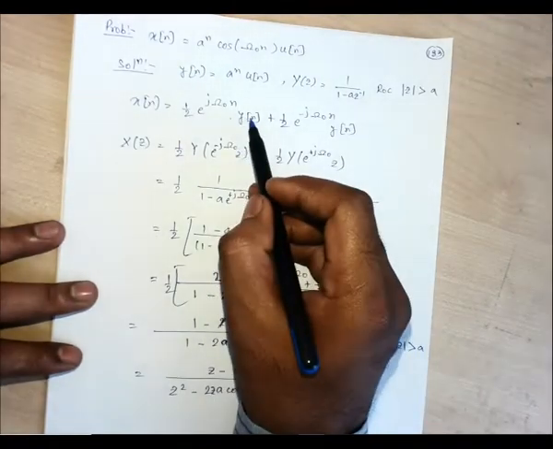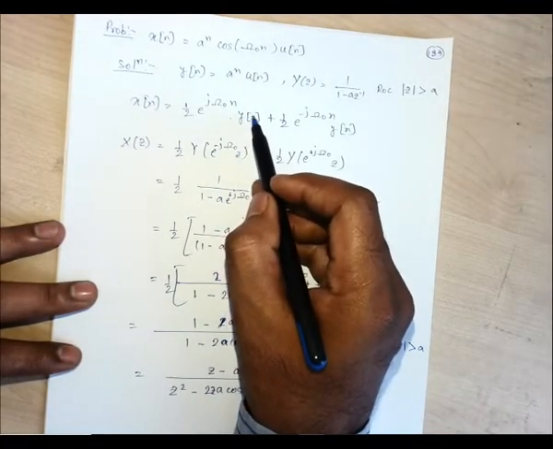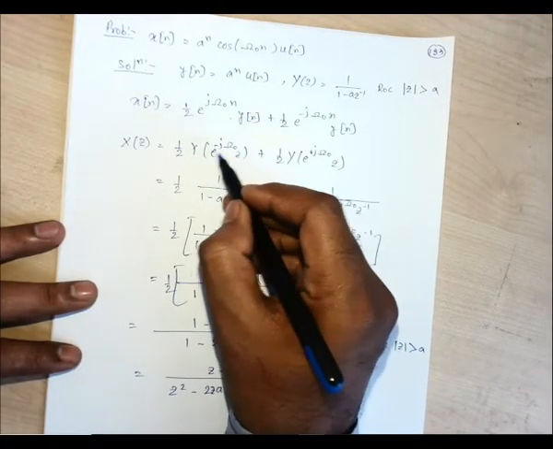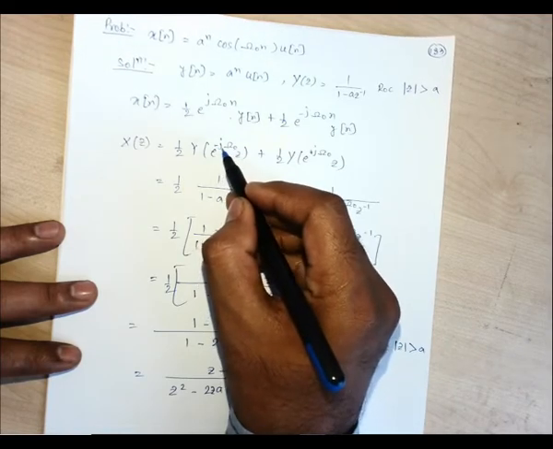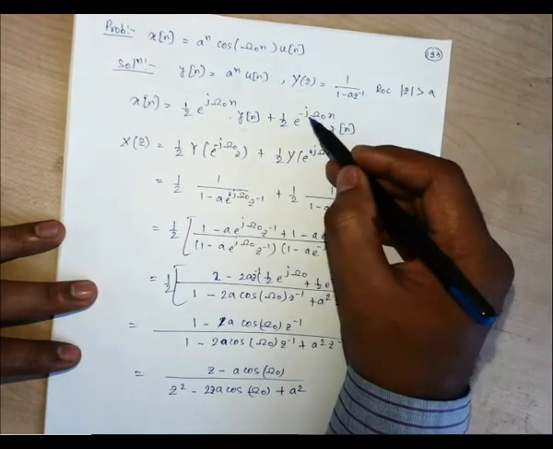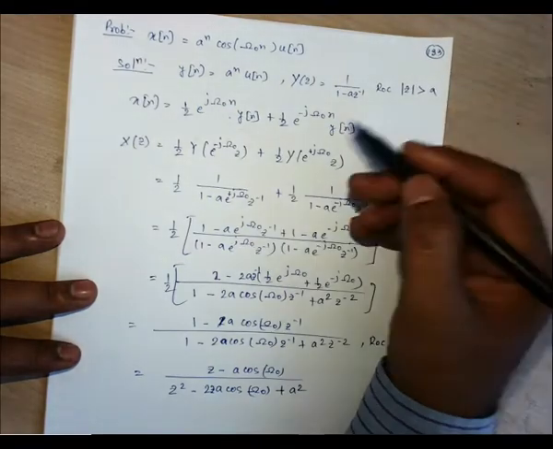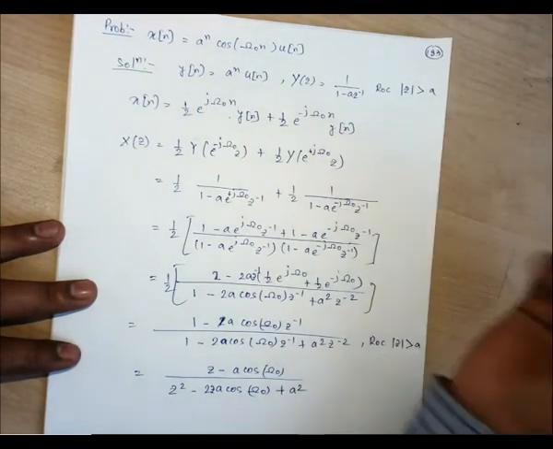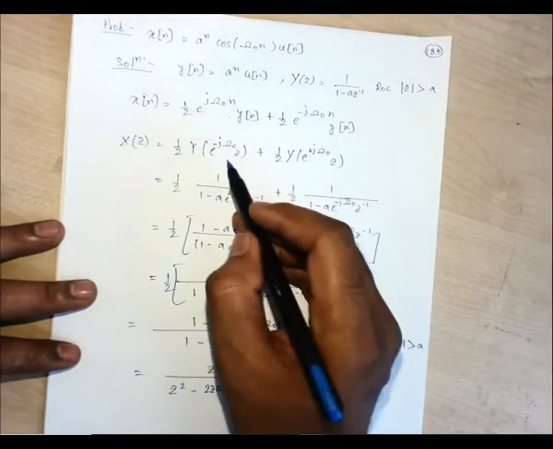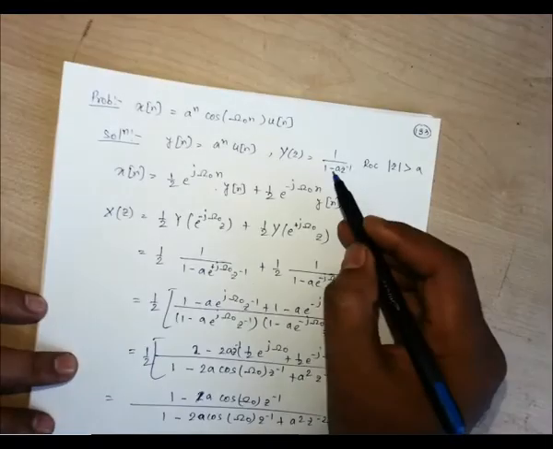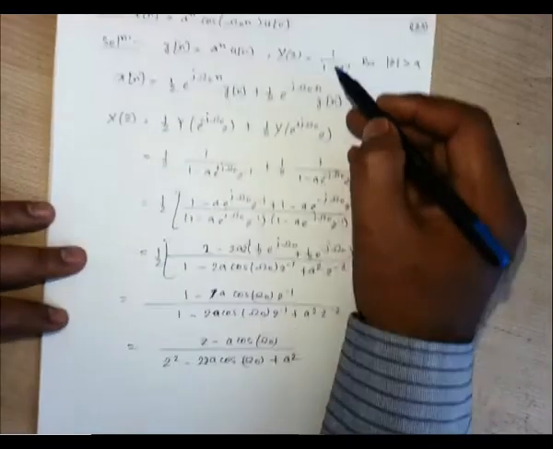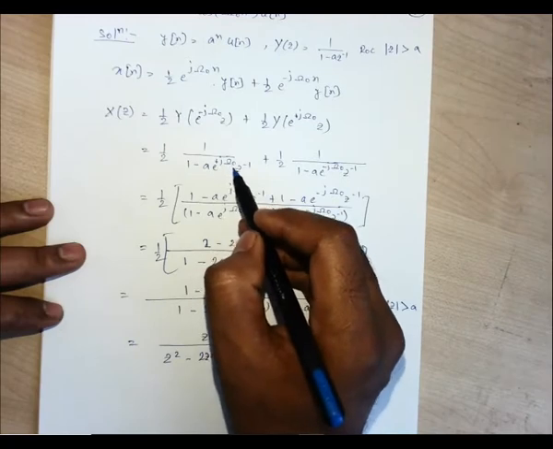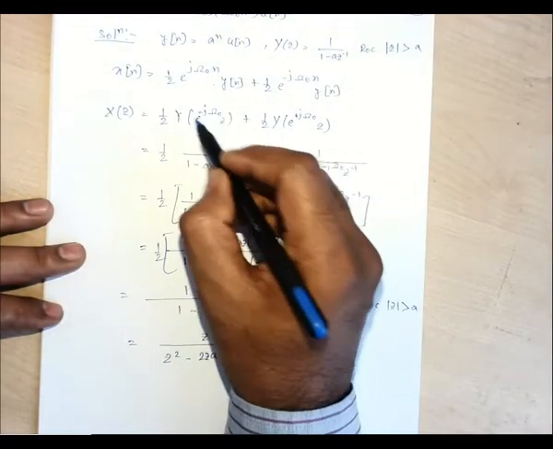So this one should be written as y of z by a. So z by a means minus of e to the power minus of j omega naught, and for this, as the power is negative, so z by a, so the power will become positive. So for this we have simply written like this, 1 by 1 minus a of z inverse. So here a of z inverse means this part is whole, this part is z.